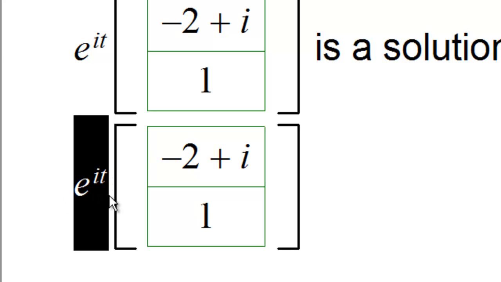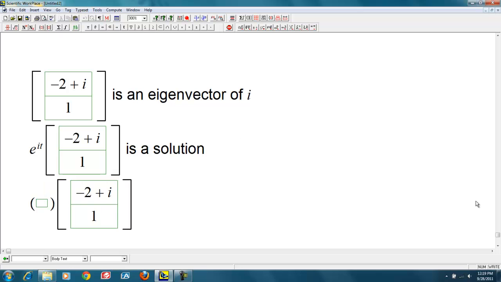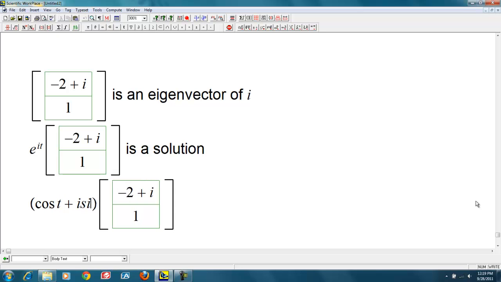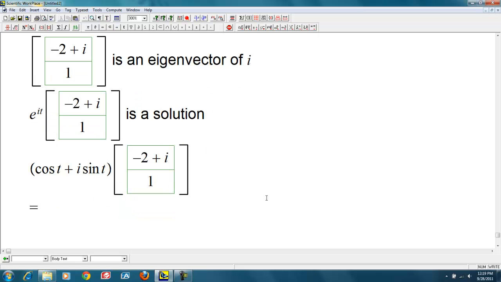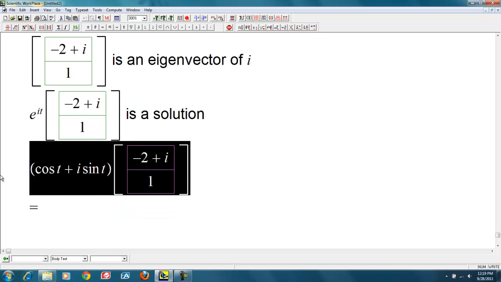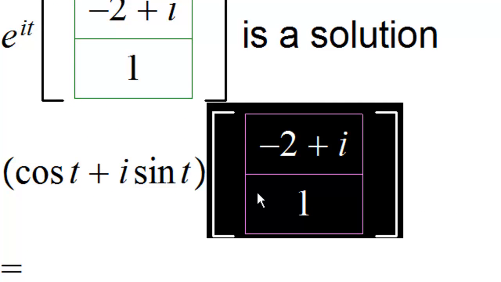Yes, this becomes cosine of t plus I sine t, right? You agree, right? And you applied Maclaurin series, and you liked Maclaurin series, didn't you? Okay, so here you go.